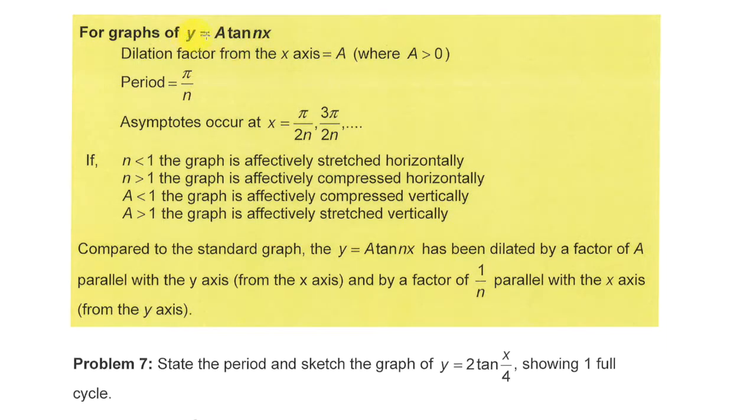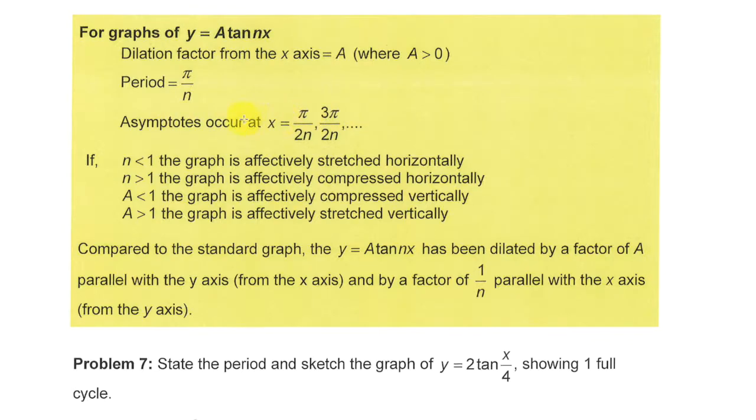So for the basic tan graph, the effect of A represents a dilation factor running parallel with the y-axis. The n, a dilation factor of 1 on n, parallel with the x-axis. We have asymptotes at pi on 2n, 3 pi on 2n, 5 pi on 2n, 7 pi on 2n, etc. And we can also go negative as well.